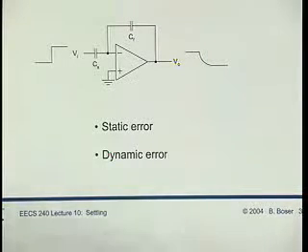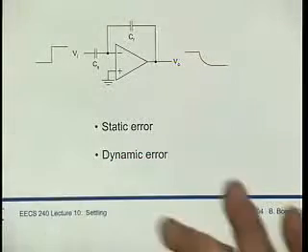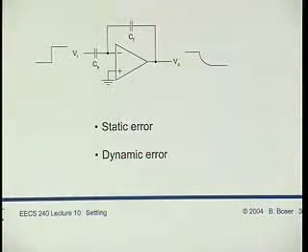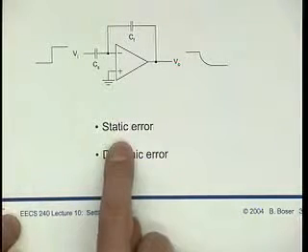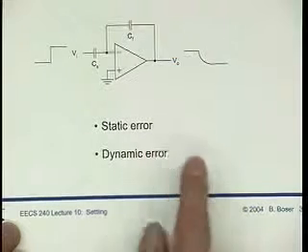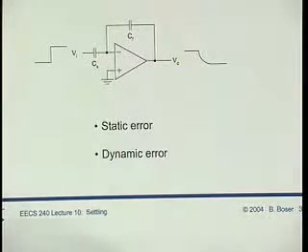Now, in practice, of course, all these errors somehow add together, and so in principle at least we ought to analyze everything jointly. But just like we did with noise and other mismatches, most of these errors are small, percent or fractions of percent in a precision circuit, and consequently linear superposition is usually not a bad thing. So typically we figure out what is the static error, what is the dynamic error, we add them together, and we get the total error.